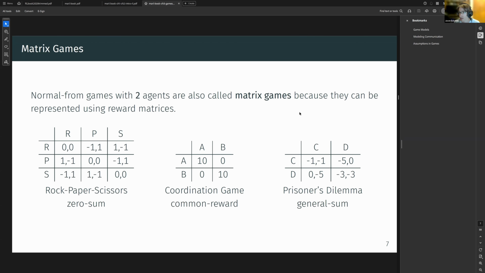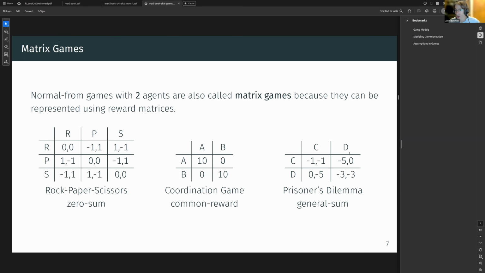So we've introduced these as non-repeated games, right? The entire game is contained within this matrix here. But the reason why these games are interesting is because the reward values don't just depend on your action selection, they depend on the other agent's action as well.